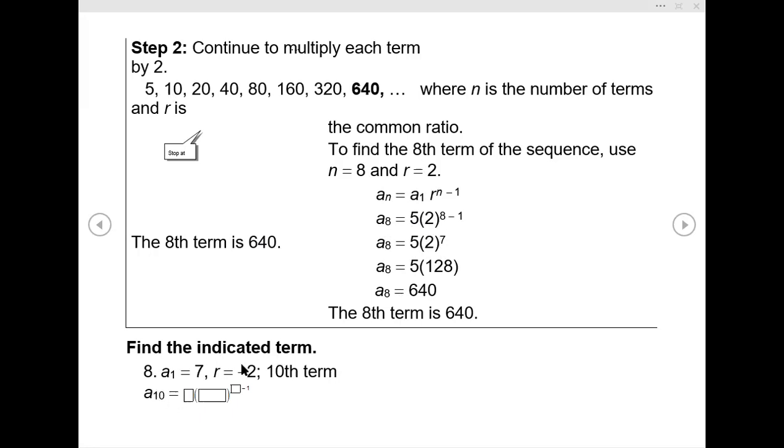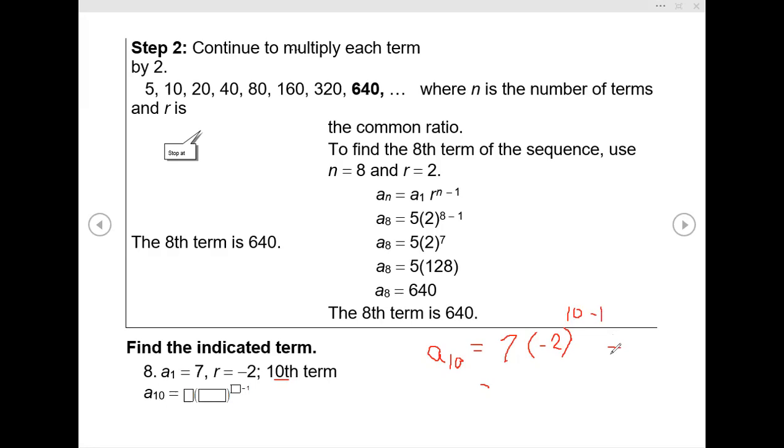Find the indicated term. a_1 equals 7, r equals -2, and we are looking for the 10th term. How will we find the answer now? It will be a_10 equals a_1, which he gave us as 7, times r, the common ratio, which is -2, to the power of n minus 1, which is 10 minus 1.